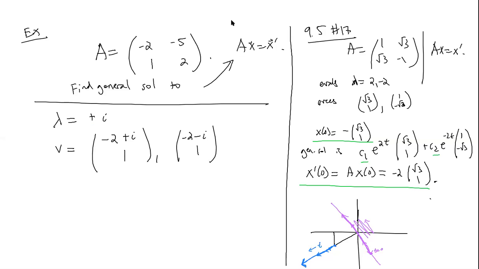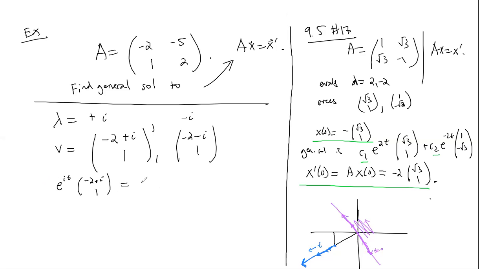This one is for plus i. I assume this one is for minus i. Okay. And then the solutions are e to the it times (negative 2 plus i, comma 1). We want to find the real part of this and the imaginary part.